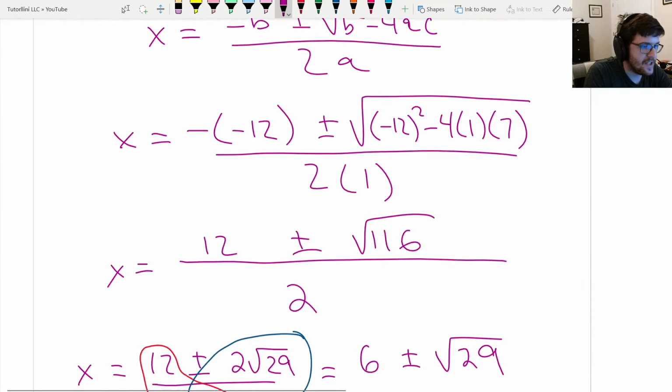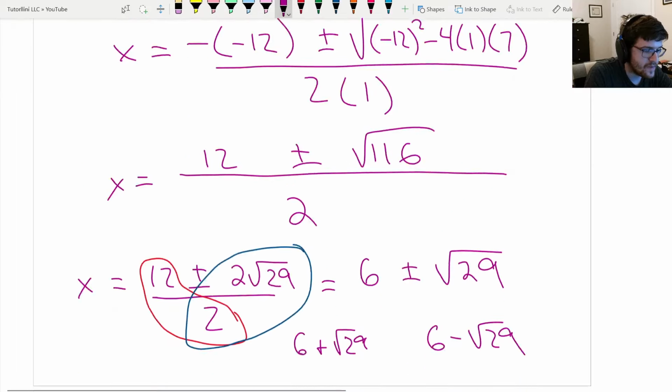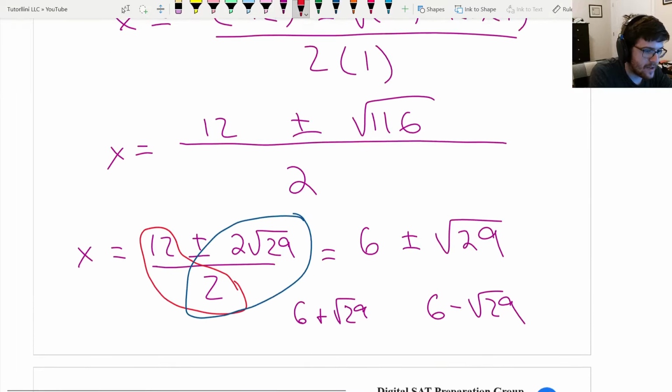And you'll see that the question writes j minus root k. So that is talking about this one, j minus root k. So j is 6, and k is 29.